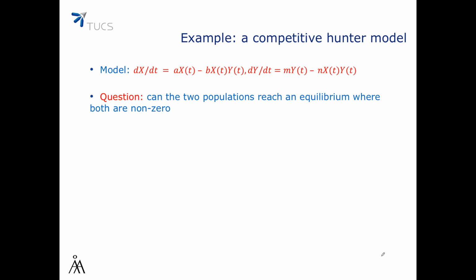So, in other words, we have to solve ax minus bxy equals 0 and my minus n times xy equals 0. And there are two solutions. One solution is x equals y equals 0, and the other solution is x equals m over n and y equals a over b.